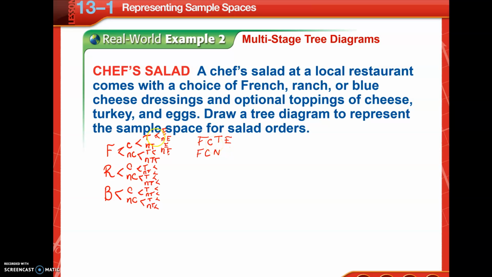And I have all of these different stages. So here's stage 1, stage 2, stage 3, and stage 4. So notice we have the choices of our dressings, so that's stage 1, and then the choice of cheese, stage 2, turkey, eggs, for each one. I'm going to put it on here so that we can have a little bit more space to do this whole thing.